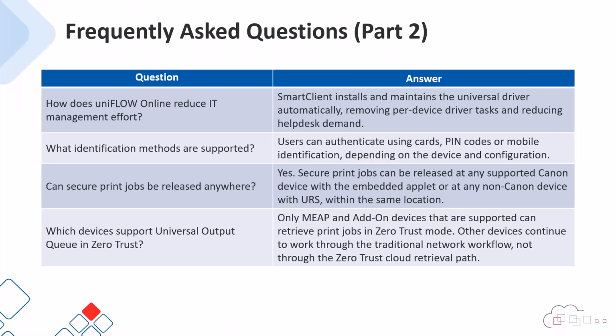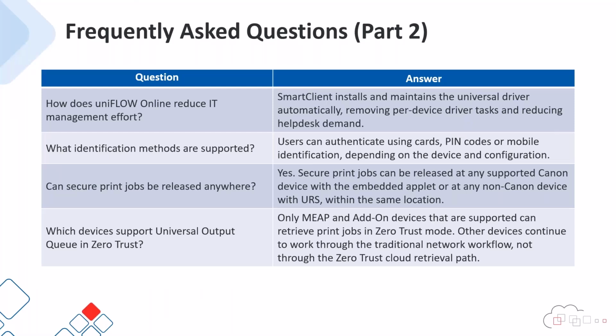Smart Client reduces IT effort by managing the universal driver and lowering support needs and indeed costs of managing drivers. Users can authenticate with cards, PIN, or indeed mobile identification for secure release. Secure print jobs can be released at supported devices, Canon devices, or non-Canon devices with the release station.